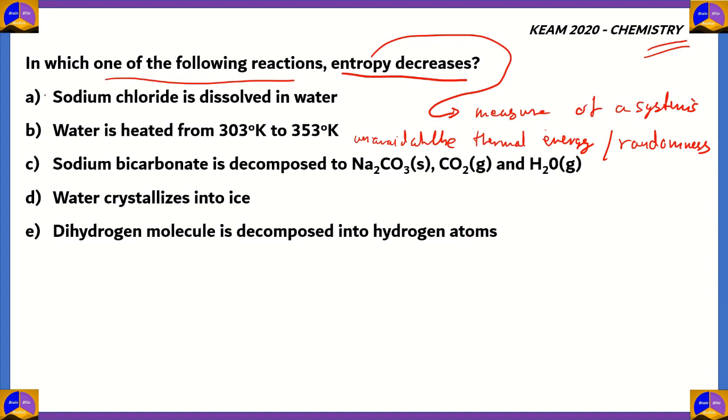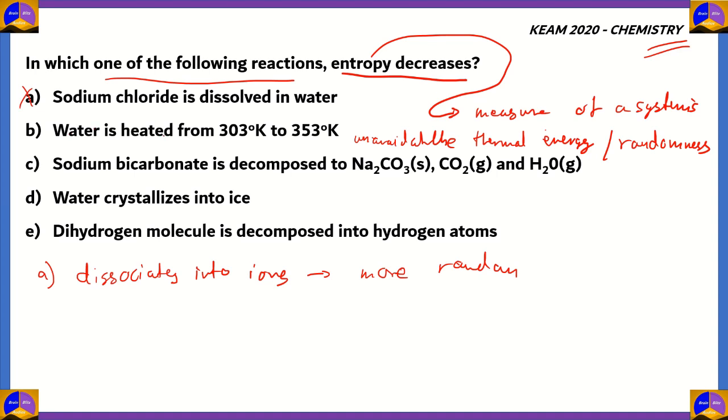So option A, sodium chloride is dissolved in water. When sodium chloride is dissolved in water, it dissociates into ions in water. And then these ions move about and they become more random. So therefore, option A is incorrect.